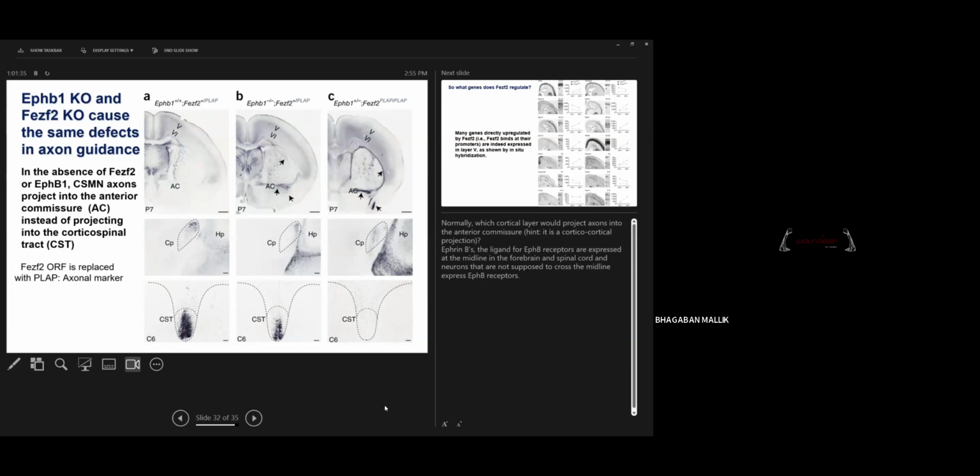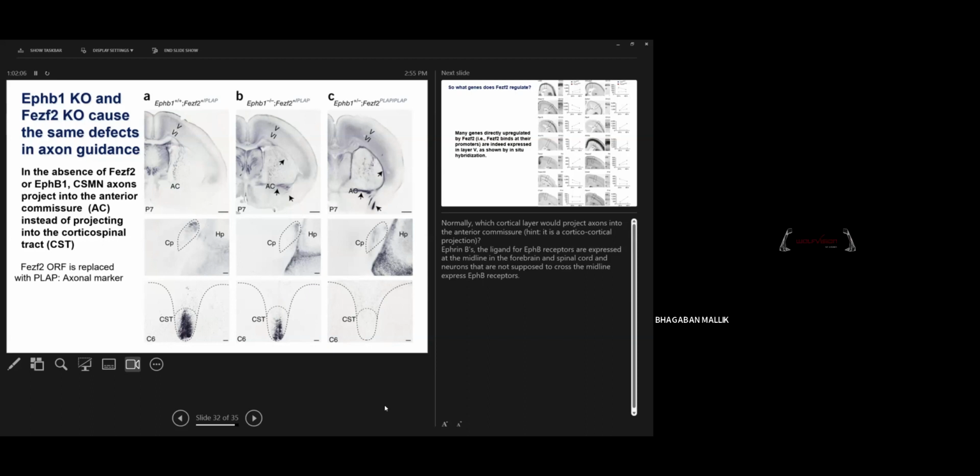But when you have loss of EPHB1, the two copies are lost along with another copy of FEZF2, you can see that you have less projection. It is reduced compared to the control in this region, the corticospinal region. But when you have loss of 2 copies of FEZF2, because you are replacing it with this, FEZF2 will not be there, and you can see that you have loss of corticospinal projection.